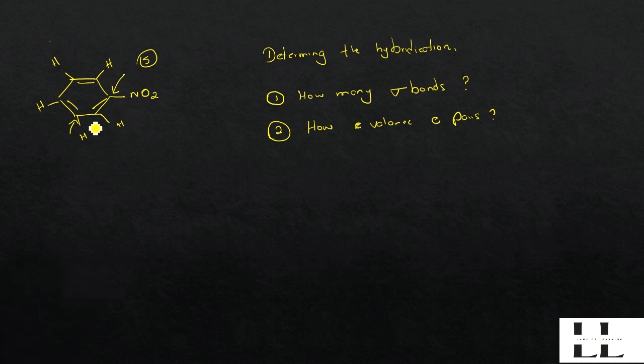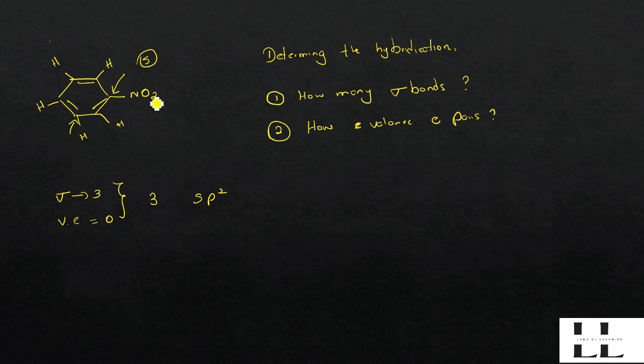Let's go with this carbon. First thing, how many sigma bonds? 1, 2, and 3. Sigma bonds are 3. Any valence electron pairs? No. So the total number should be 3, so the suitable combination should be sp2.